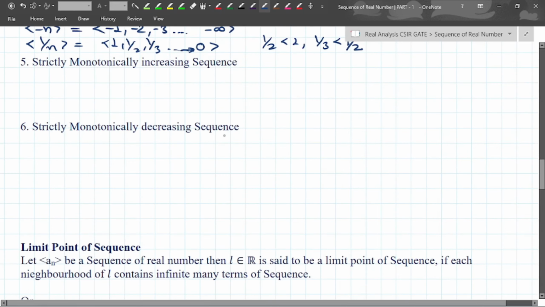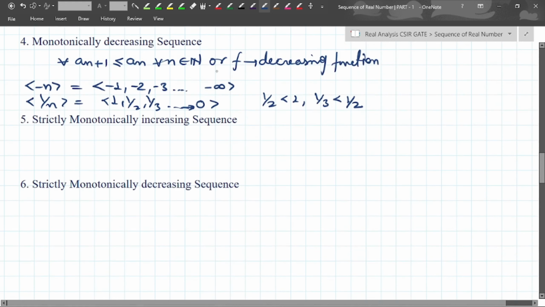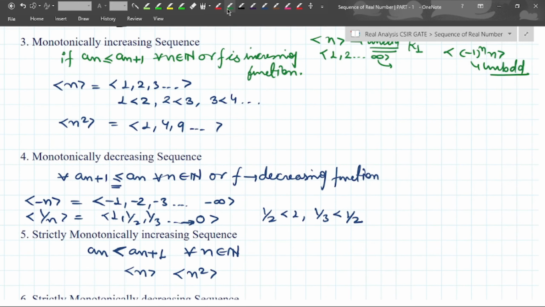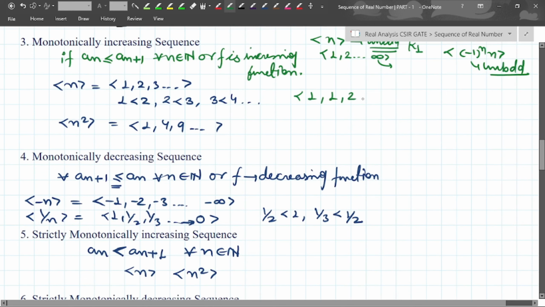Okay, now the next type is strictly monotonically increasing. Strictly monotonically increasing means there should not be any equality here. It means a_n is strictly less than a_(n+1) for every n belonging to the natural numbers. This one is strictly increasing, and this one is also strictly increasing. For example, take 1, 1, 2, 3, 3, 5, 7, 7.